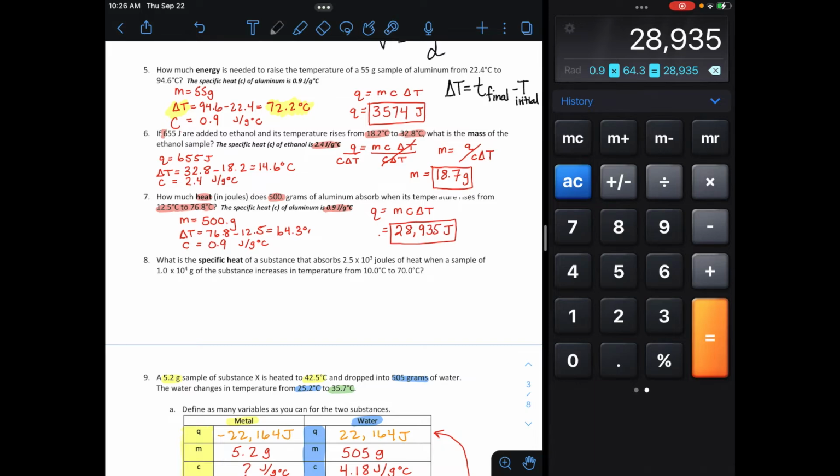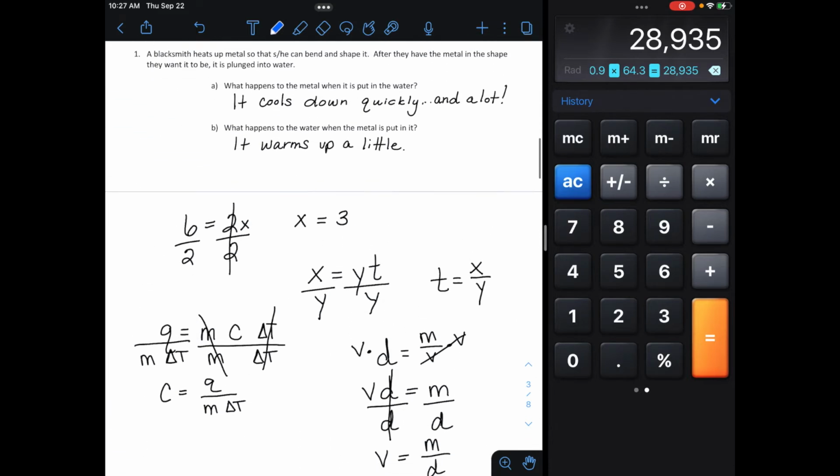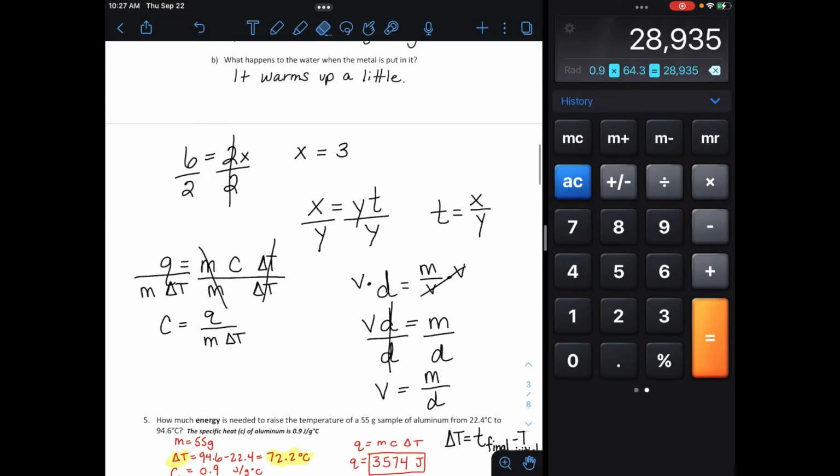The next one involves scientific notation. Scientific notation, if you don't remember it, it's pretty easy, but I want to show you how it works. In scientific notation, you are given numbers that look like this: 2.74 times 10 to the sixth.